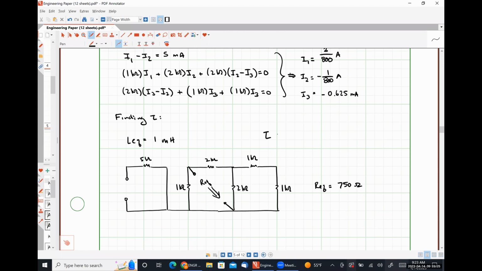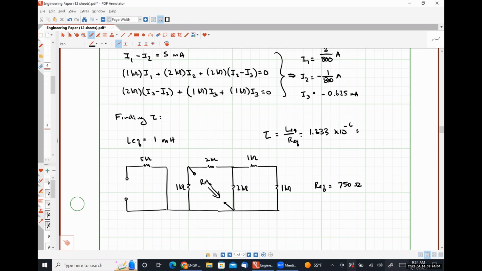From this, tau is equal to LEQ over REQ. So that is 1 times 10 to the minus 3 divided by 750. I wish this were a fraction. Let me think about this. .333, probably repeating, times 10 to the minus 6 seconds.